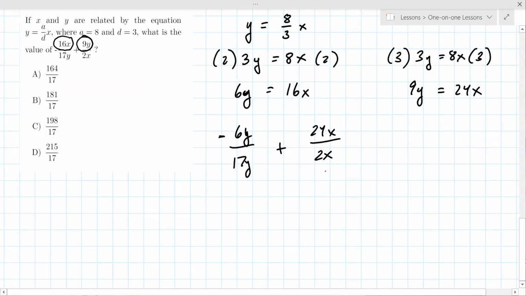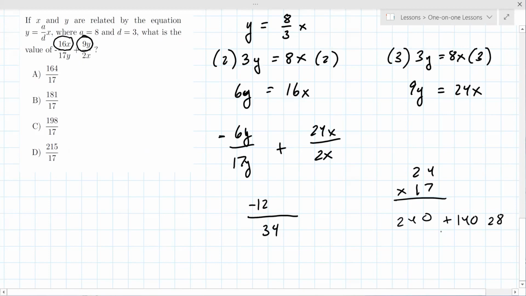Maybe you cross them out. You need a common denominator. The common denominator is 34. So you get 34 on the bottom. You have to multiply this minus 6 by 2, minus 12. You have to multiply this 24 by 17. So I mean, it feels like it's excessive, but it can be done. 10 times 24 is 240. 7 times 20 is 140, and then 7 times 4 is 28.